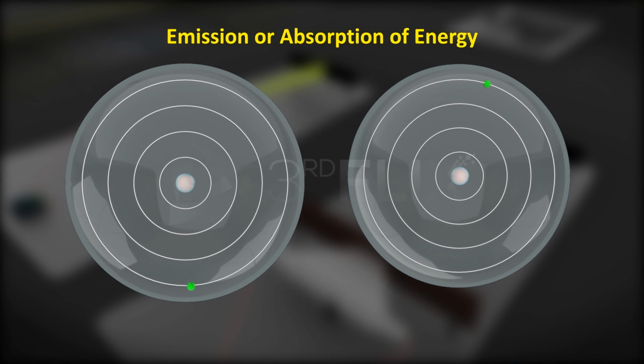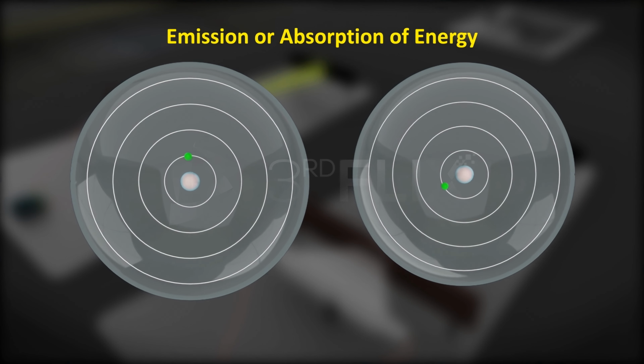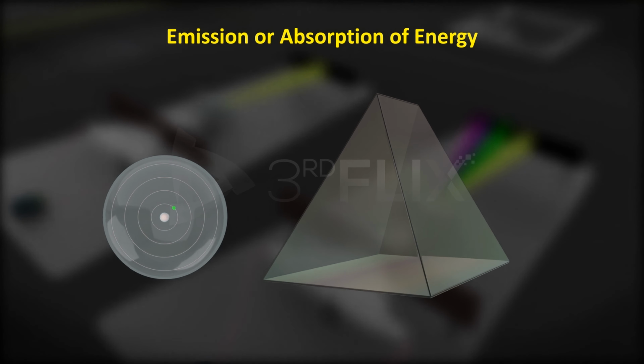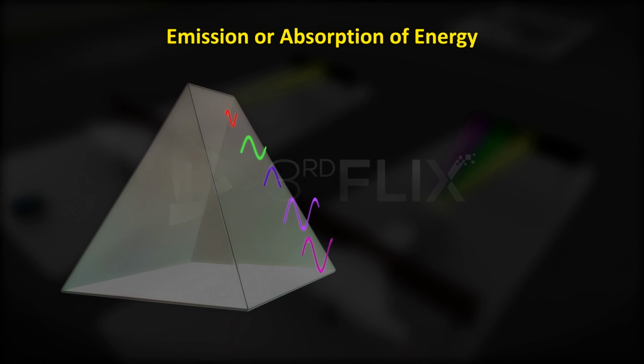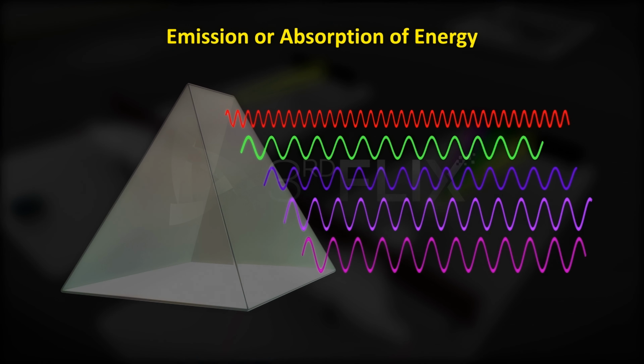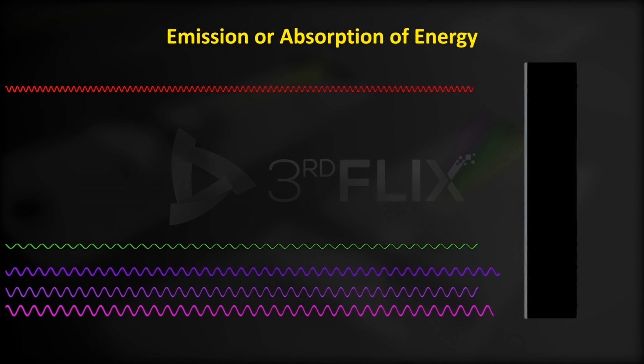This energy is emitted in a single step or in multiple steps. Depending on the amount of energy emitted, the radiation of a particular wavelength is obtained. The spectrum of the radiation thus emitted by an atom is called its emission spectrum.